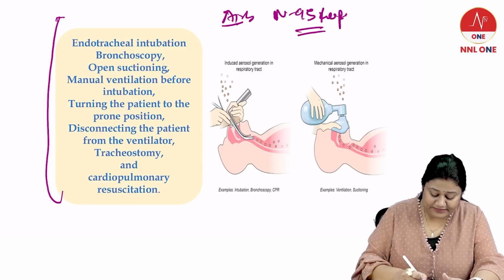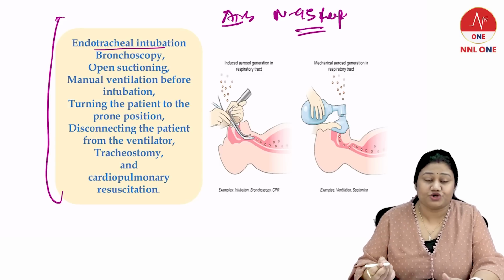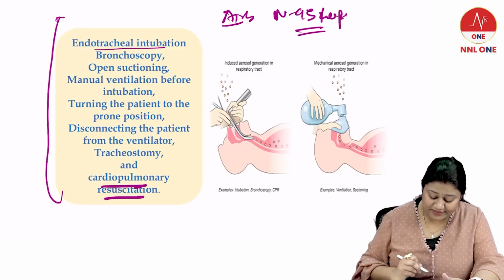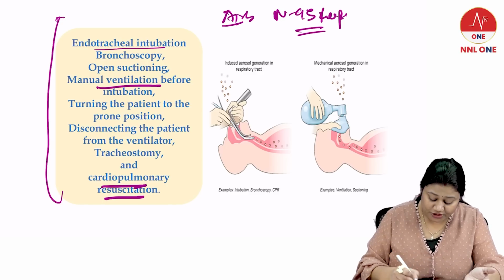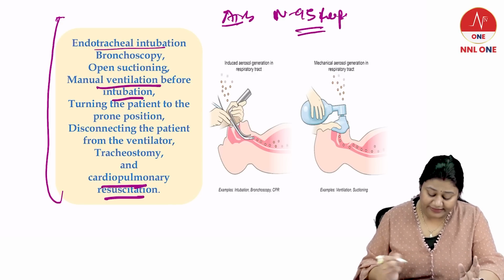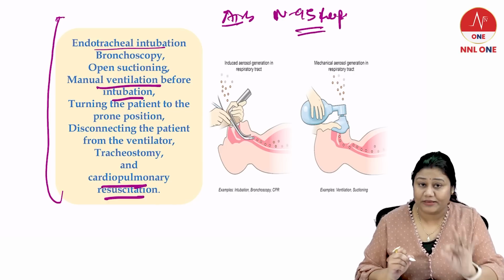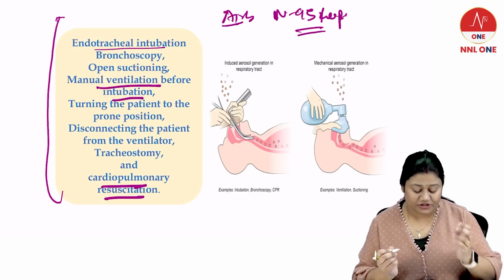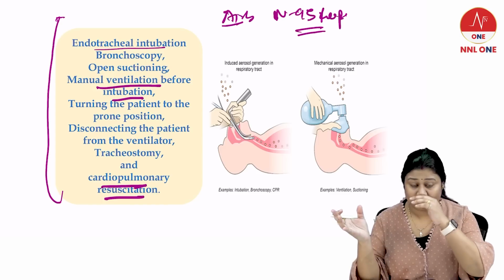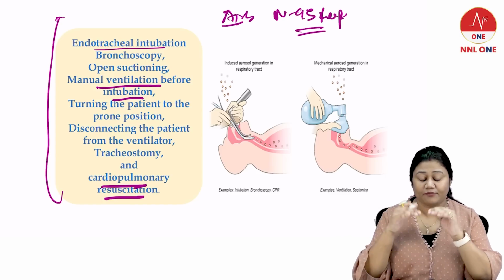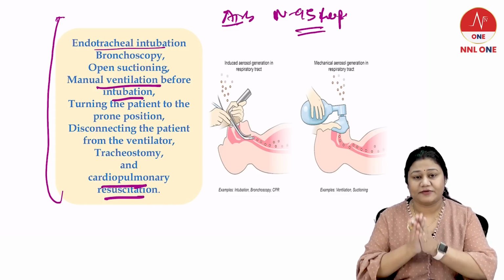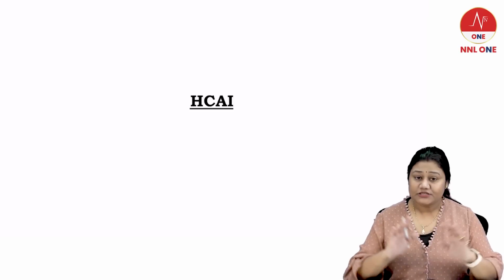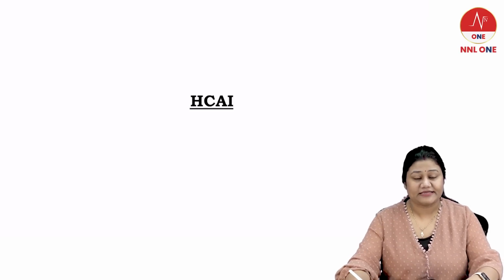For example, endotracheal intubation, bronchoscopy, cardiopulmonary resuscitation, giving prone position to a mechanical ventilator patient, and performing open suctioning. All these procedures are considered aerosol generating. Aerosol means droplet nuclei, which is basically the airborne mode of transmission. So this is all about transmission and standard precaution.